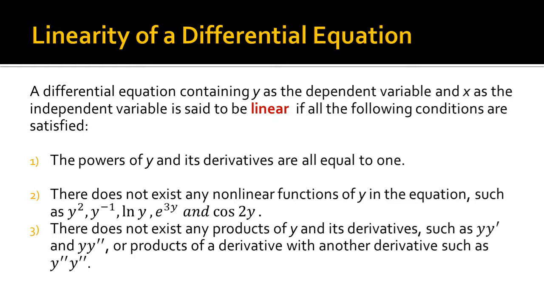Second, there does not exist any nonlinear functions of y in the equation, such as y squared, y to the power of negative 1, log of y, e to the power of y, and cos of 2y. And third, there does not exist any products of y and its derivatives, or products of a derivative with another derivative.